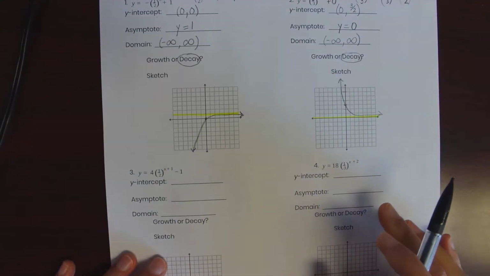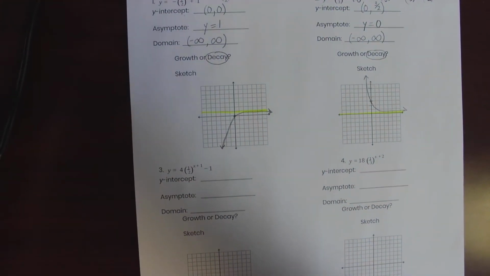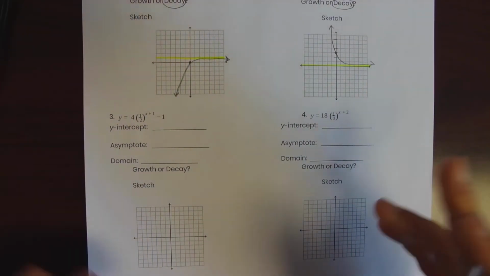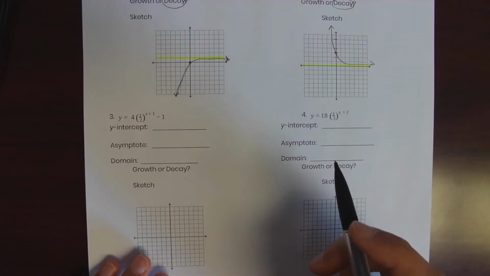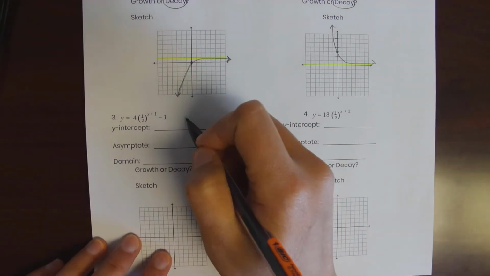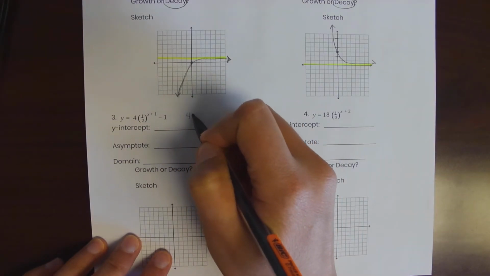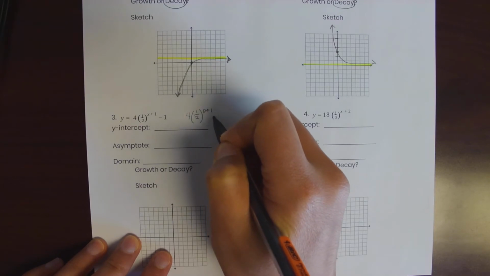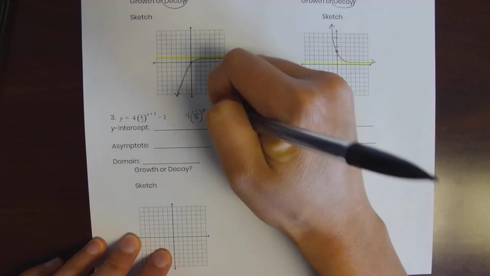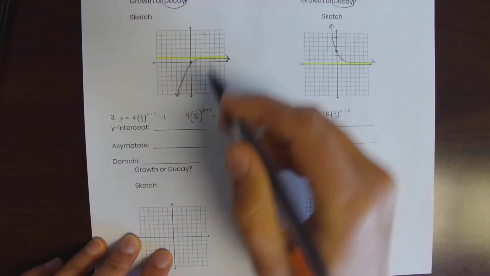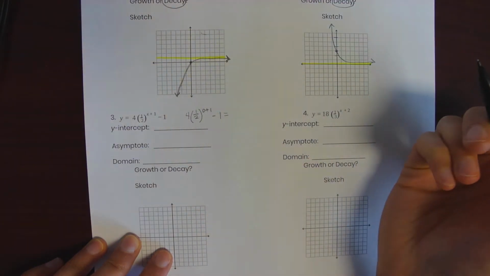Okay, next one, I have number 3, y equals 4 times 1/2 to the x plus 1, minus 1. Okay, so the y-intercept, we're going to plug 0 in for x. So this is 4 times 1/2 to the 0 plus 1, minus 1. So 0 plus 1 is 1.